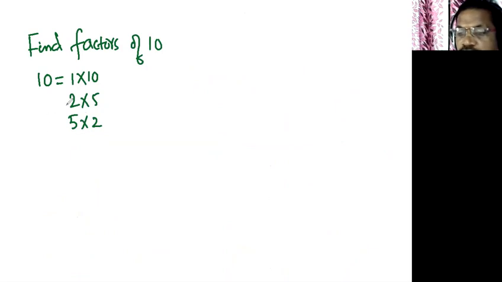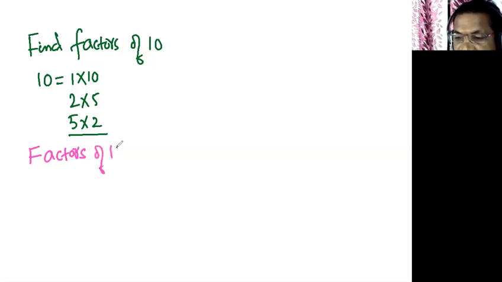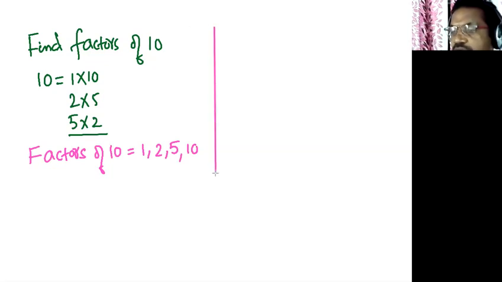Now the remaining numbers do not divide 10. Now write the factors of 10. 10 is equal to 1, 2, 5, and 10. Only 4 factors.